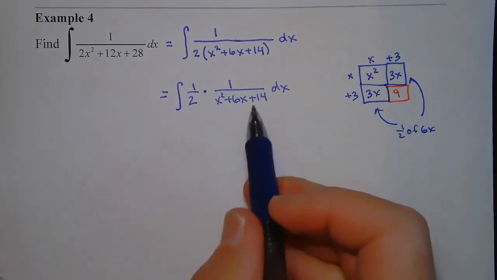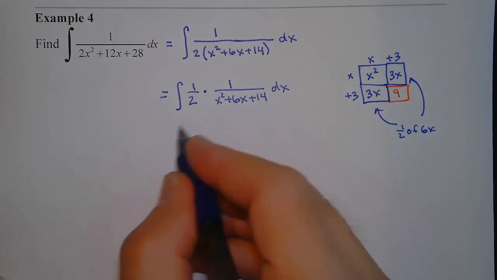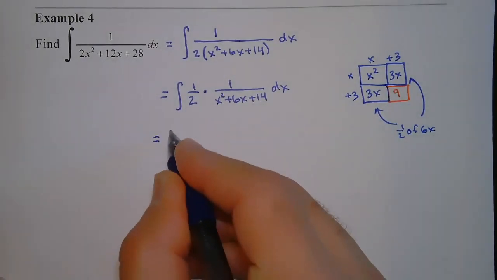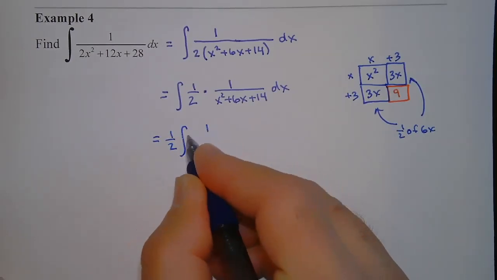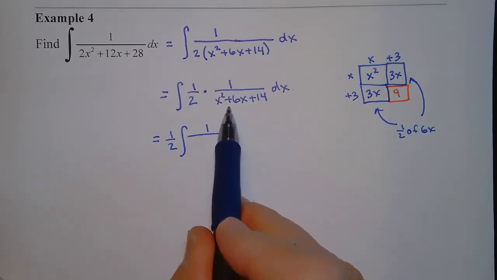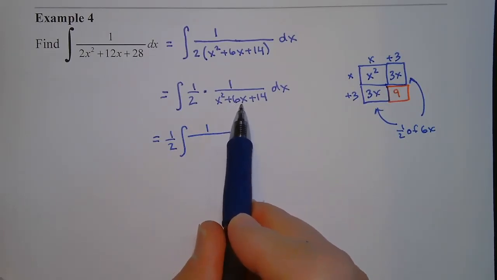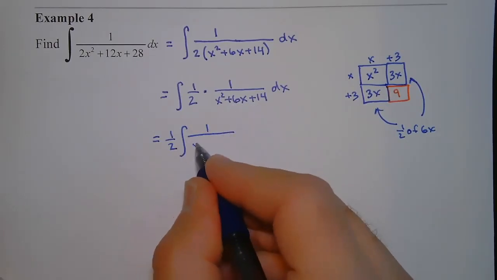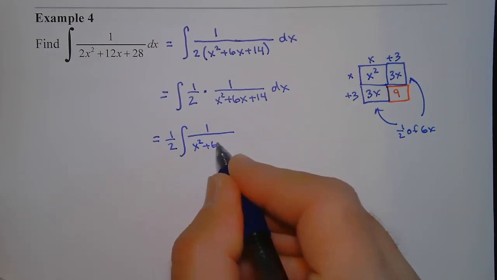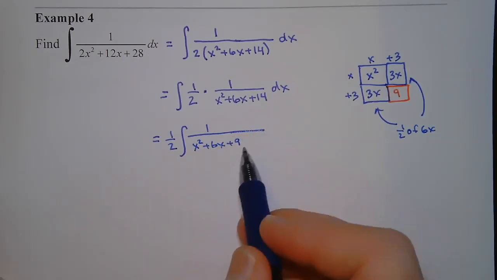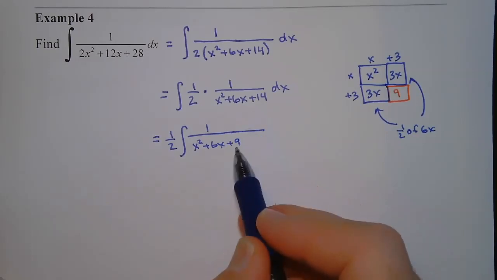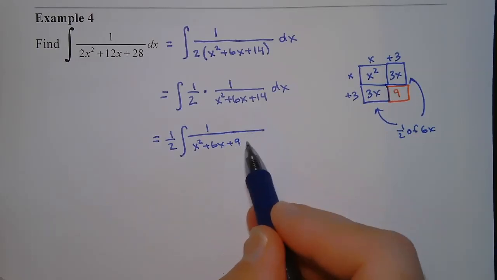We need a 9. So this 14 can be broken up. So I'm going to pull the 1/2 out. So this is equivalent to 1/2 the integral of 1 over, and then this is going to become x squared plus 6x plus 9. Extend my fraction bar a little bit. But now I don't have the 14, I have 9. I need 14. So what do I need to add right here?